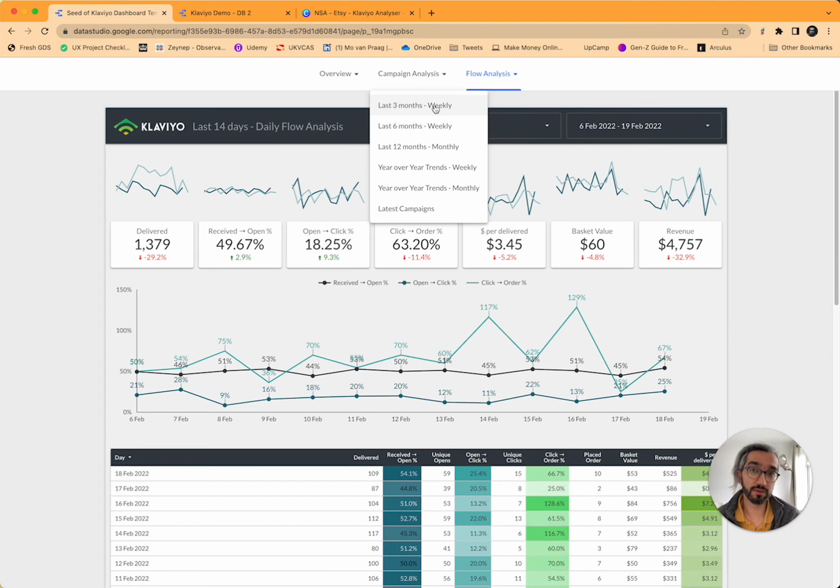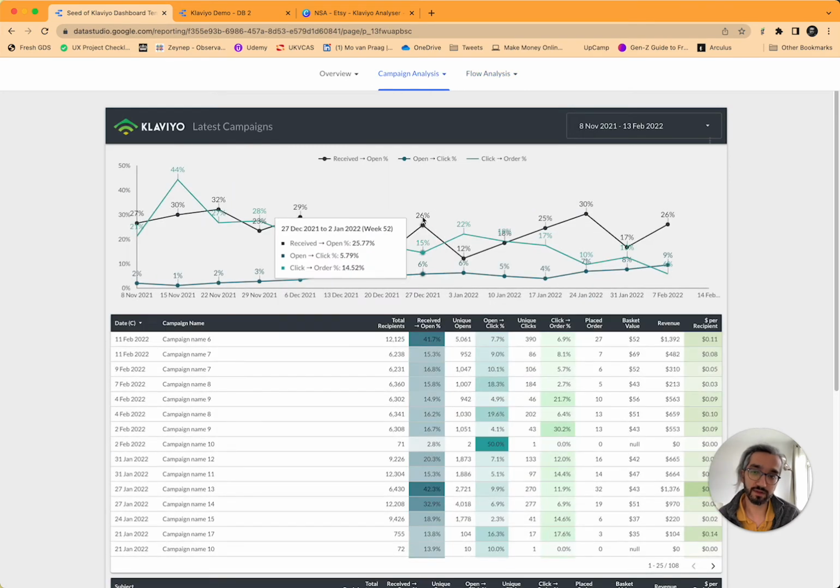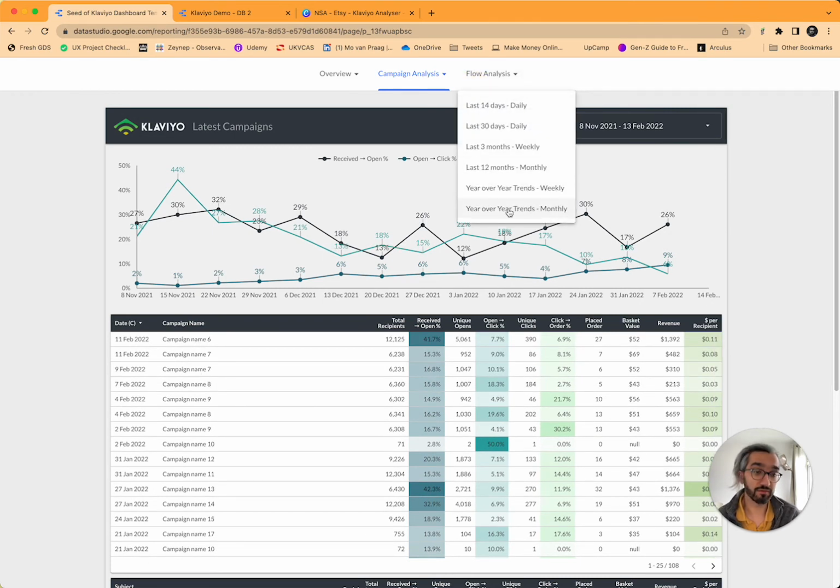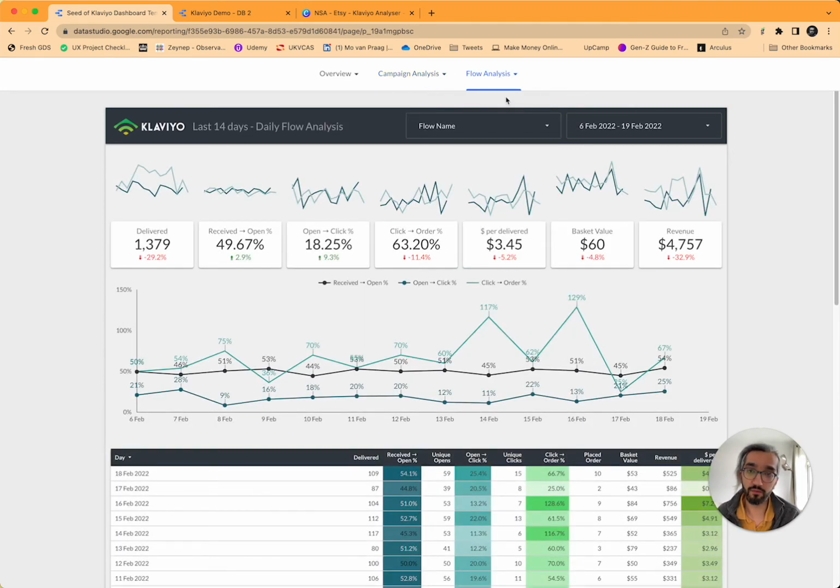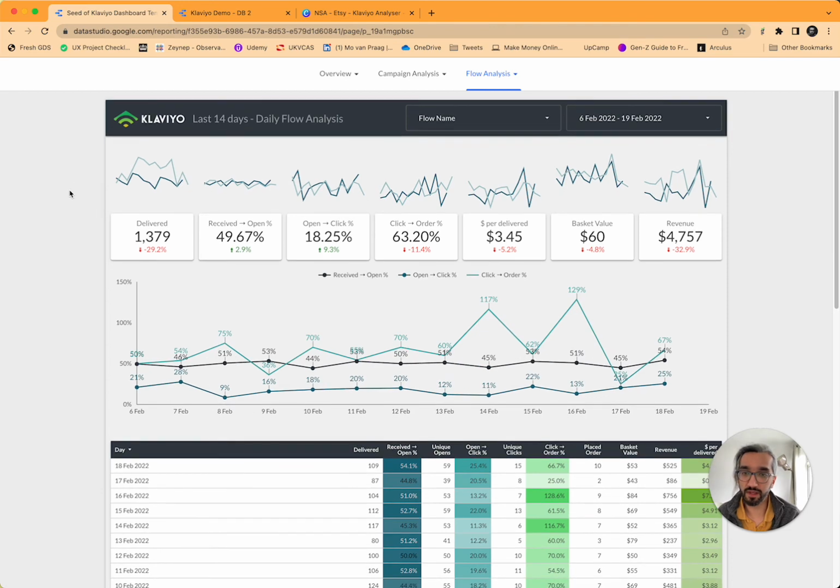That is why it is great to look at the trend in the last 3 months, weekly. But we have the latest campaigns under the campaigns, so you are able to see every latest campaign here. But flows are not like that; we just activate the flows and wait to see the results, and that is why we have the last 14 days of data.